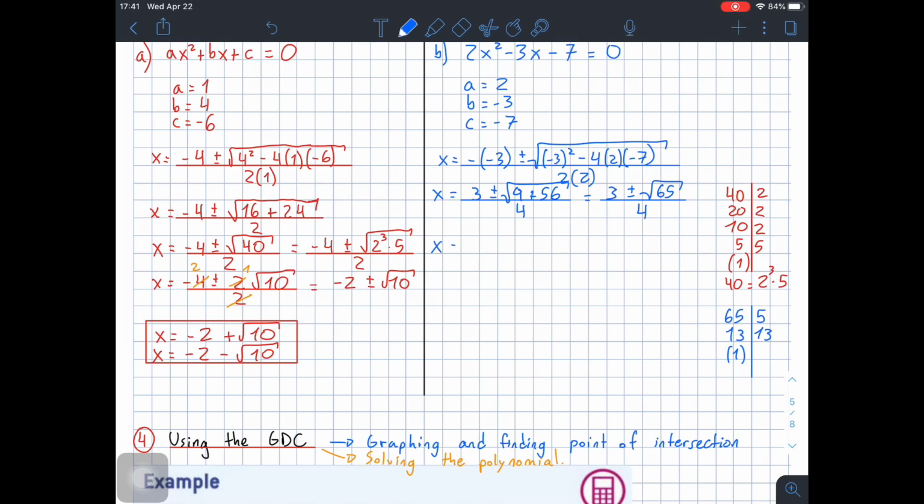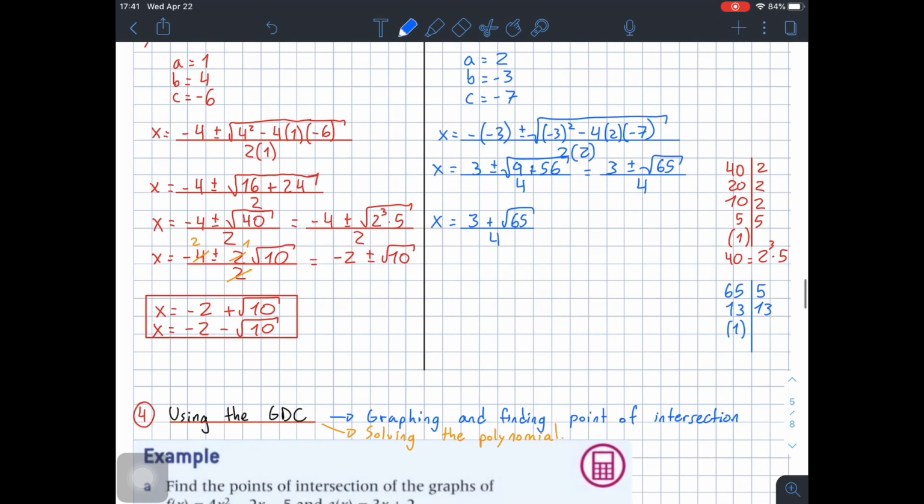So the two possible results would be 3 plus root 65 over 4, and the other possible result would be 3 minus root 65 over 4. These are the two solutions of this particular equation.